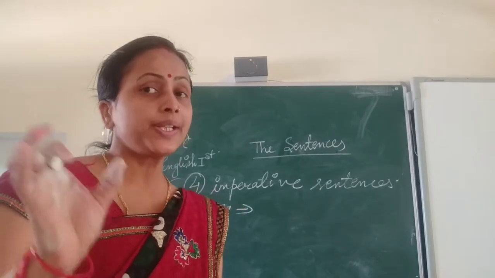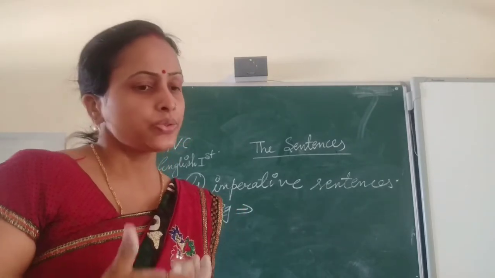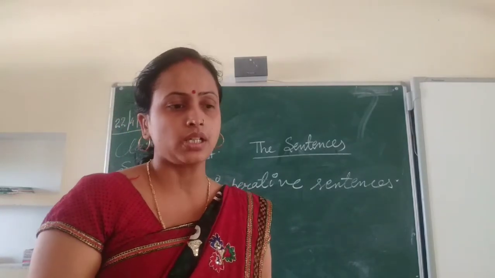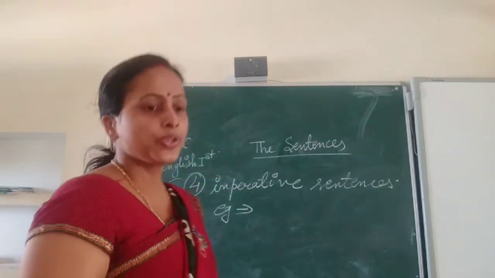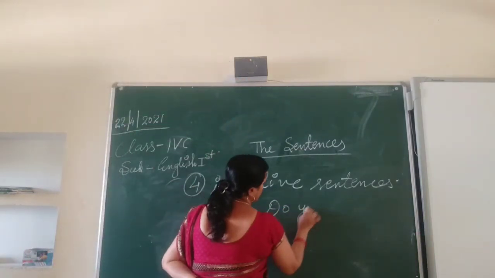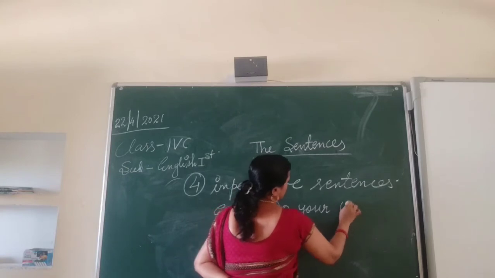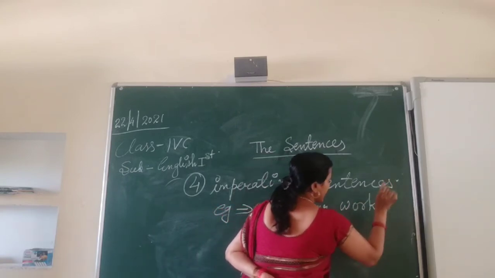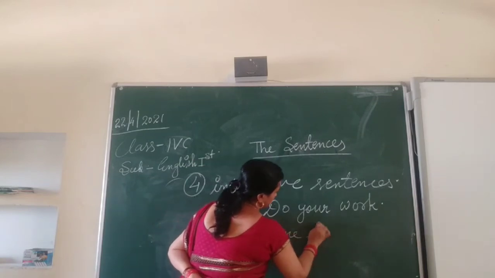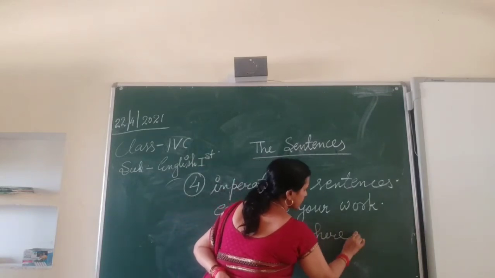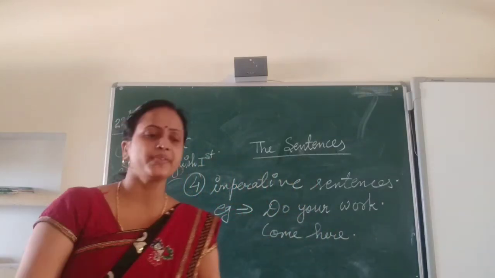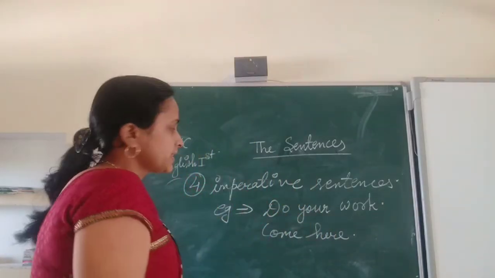"Do your work." This is an order, and it ends with a full stop. "Come here." It is also an order, and with a full stop, because it is an imperative sentence. Both are orders.